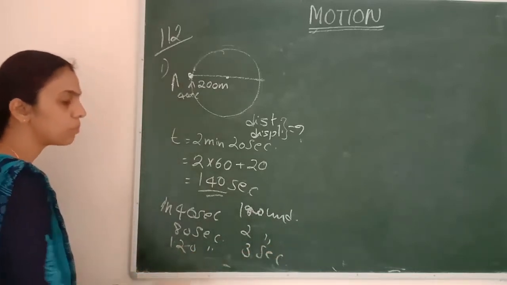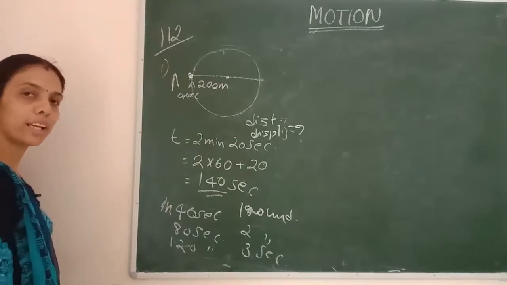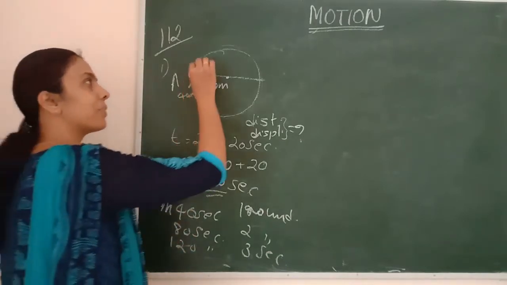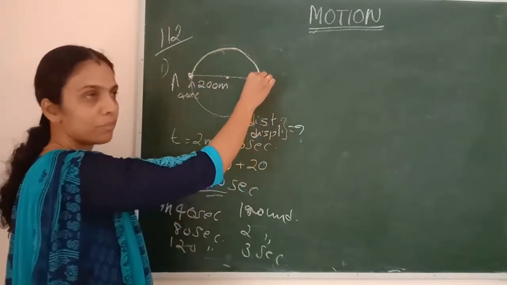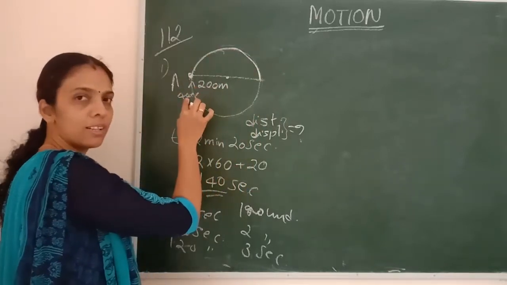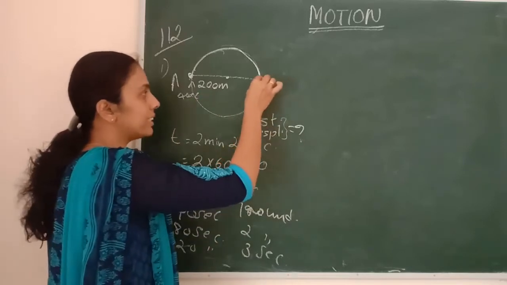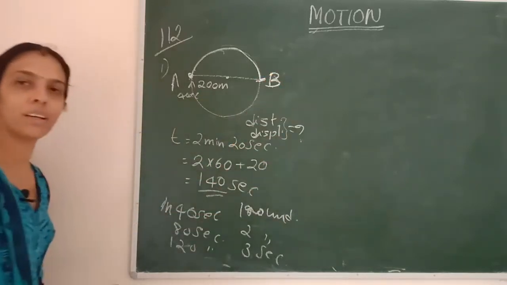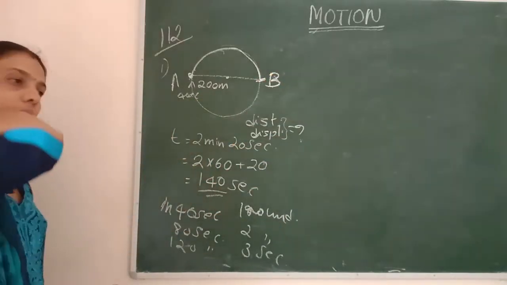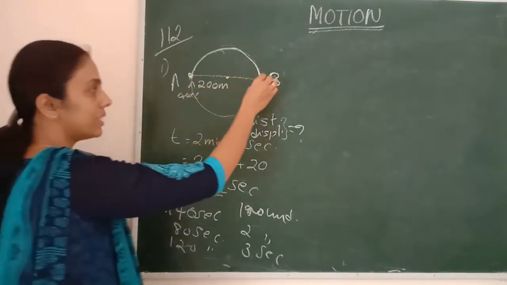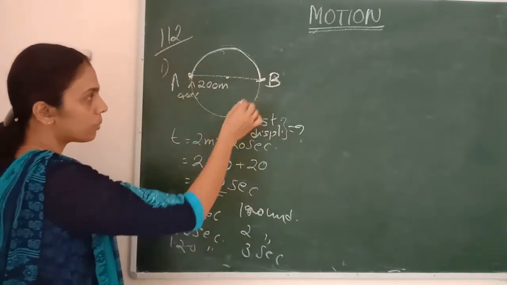Then 20 more seconds means he will be covering half the way, because 40 seconds means a full circle. So he will be covering till here, B. So his position now is over here.